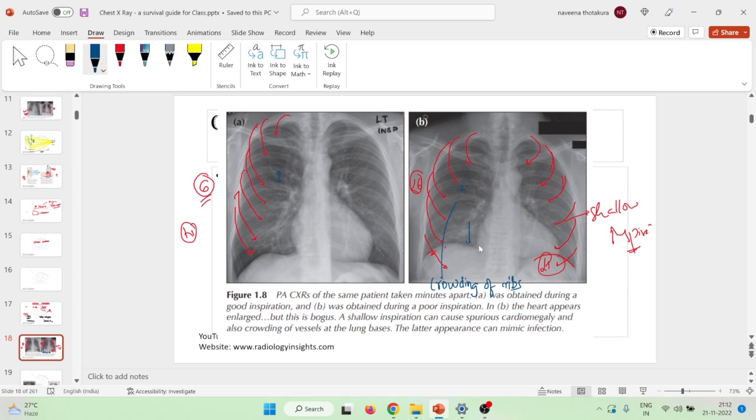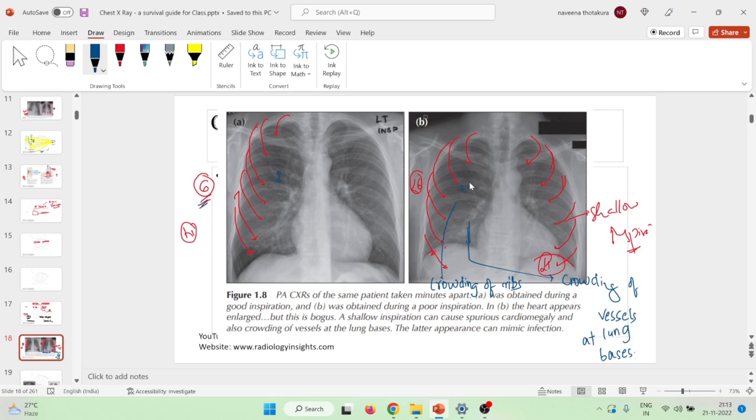Because of crowding of ribs, there is also crowding of vessels seen at the lung bases. So this can sometimes be mistaken for infection or other types of diseases. So always look at the number of anterior ribs. If they are 6 or more, then it is a normal or good inspiratory film. If it is less than 6, then it is a shallow inspiratory film.